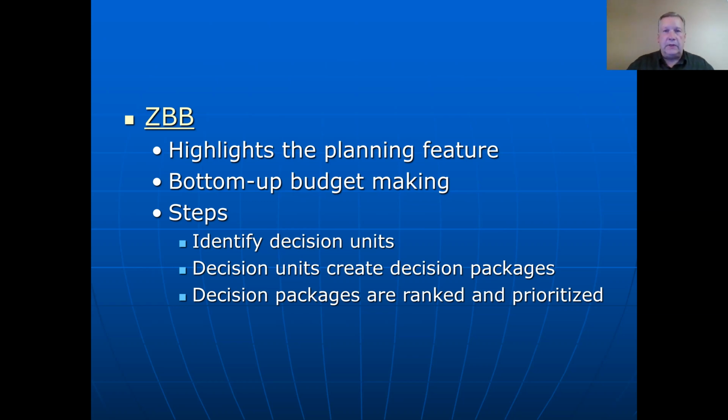Each one of those decision units is then charged with creating what are called decision packages. A decision package will present to you several different alternatives for funding an activity. So in a decision package, you'll say, here are the different alternatives for achieving our goals, and here are the consequences of funding each one of these alternatives.